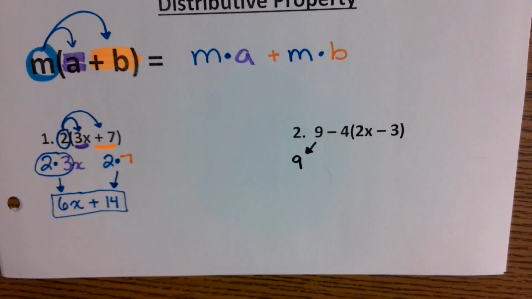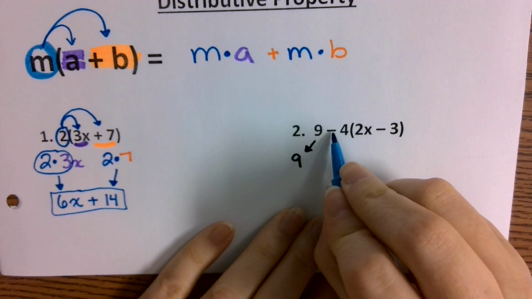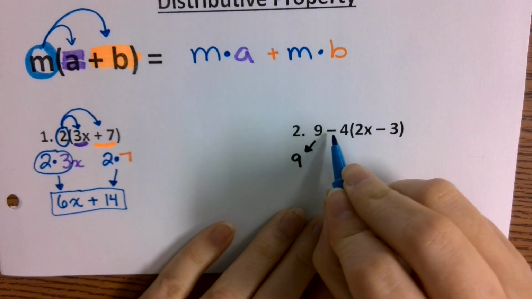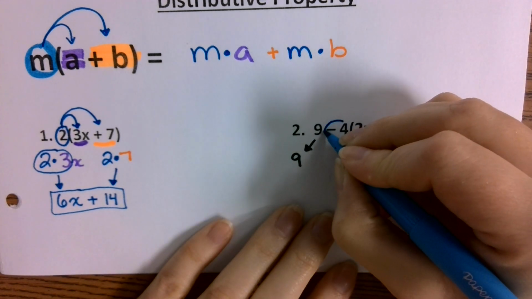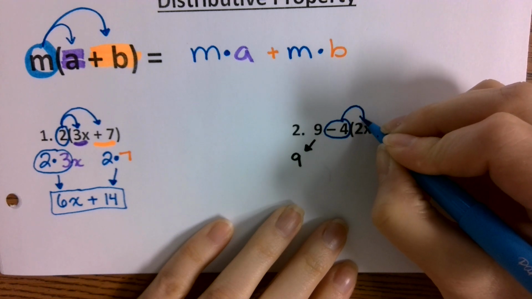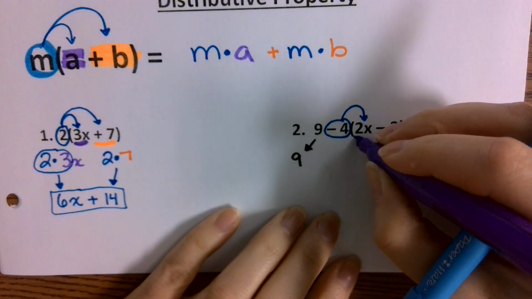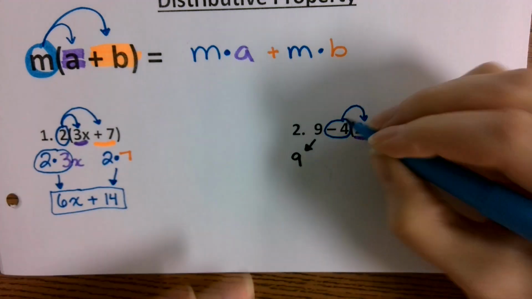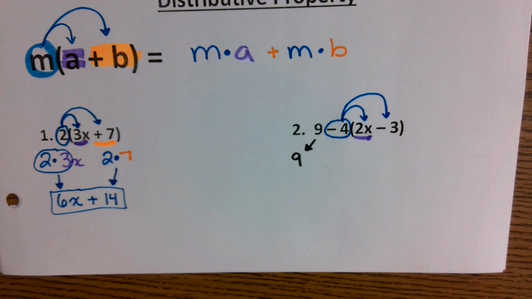What does get distributed is not just the 4, but the minus 4. Remember that minus sign belongs to the 4. So we're going to do negative 4 times 2x, and we're going to do a negative 4 times a negative 3.